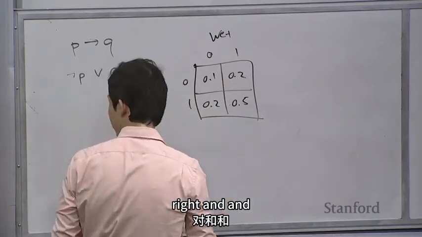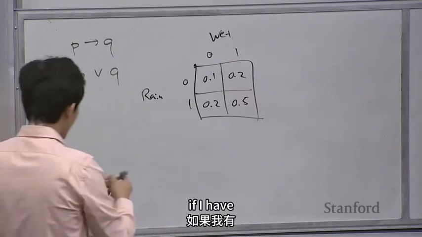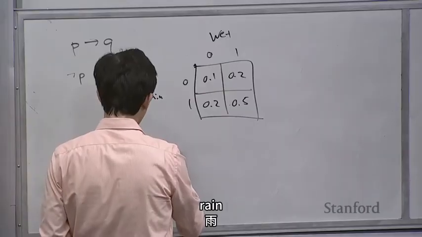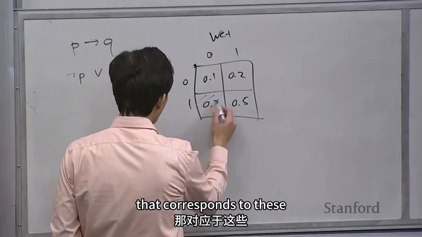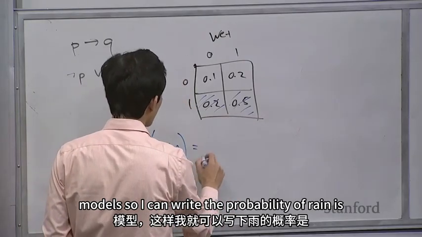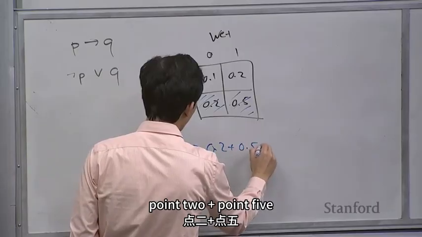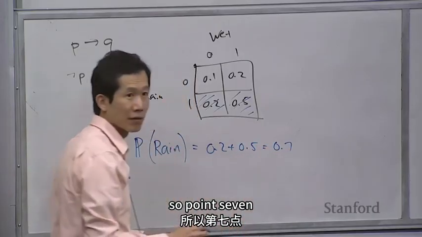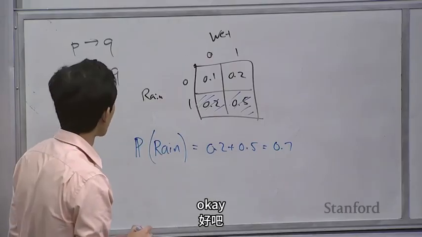And if I have rain, that corresponds to these models. So I can write the probability of rain is 0.2 plus 0.5, so 0.7. Okay.